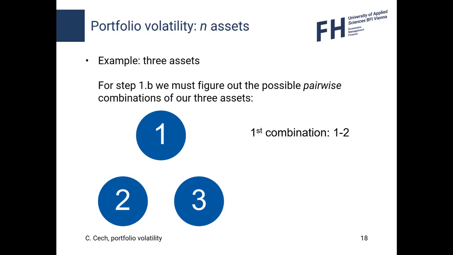The second possible pairwise combination is the combination 1, 3. And finally, the last possible combination is the combination 2, 3. Okay, there are 3 possible pairwise combinations.